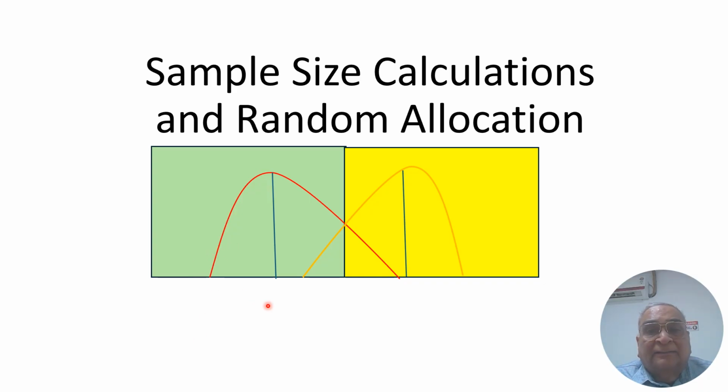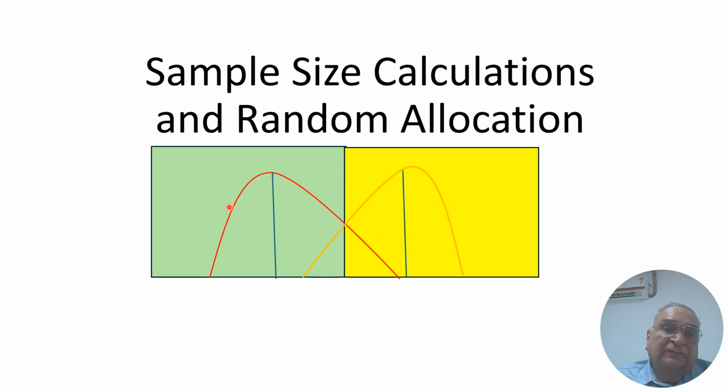Let us imagine that these are the blood pressure reductions seen in patients receiving treatment A and treatment B. Well, this is about treatment A, this is the central tendency, let us say the mean, and the values are distributed in descending order below it and above it.